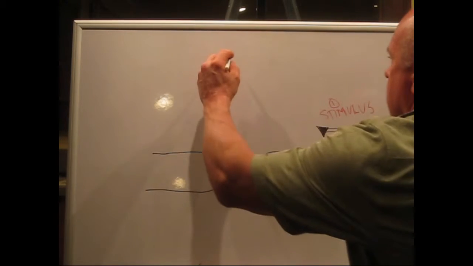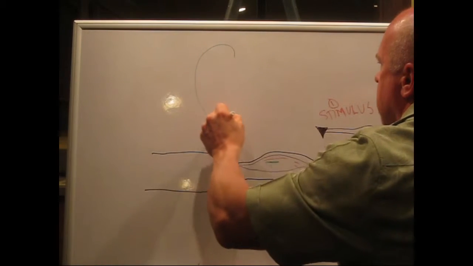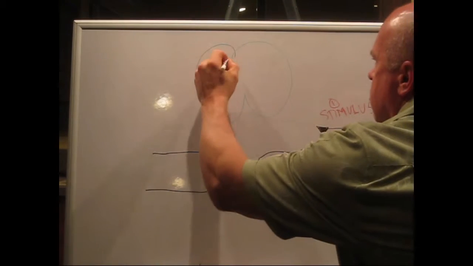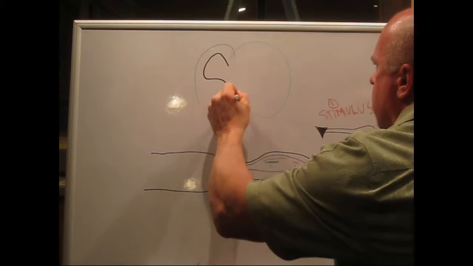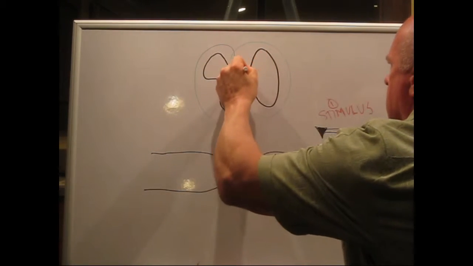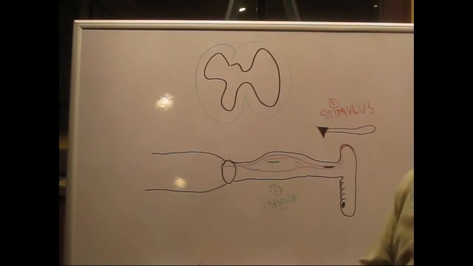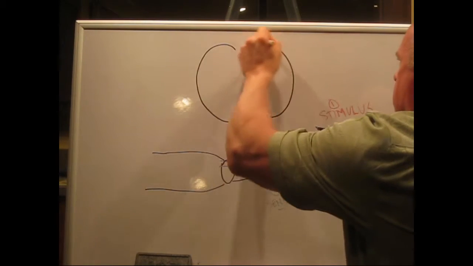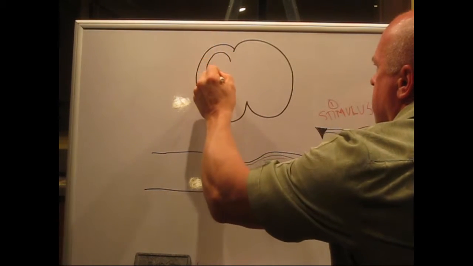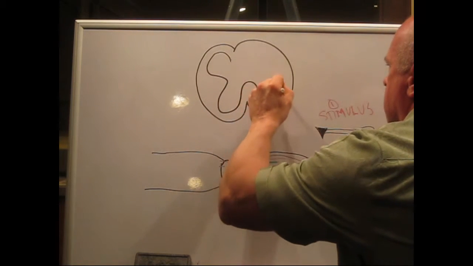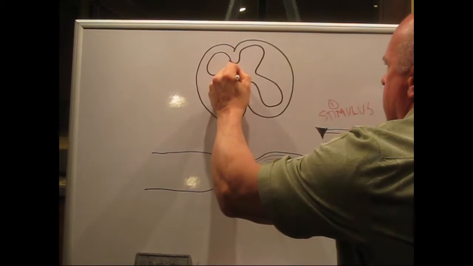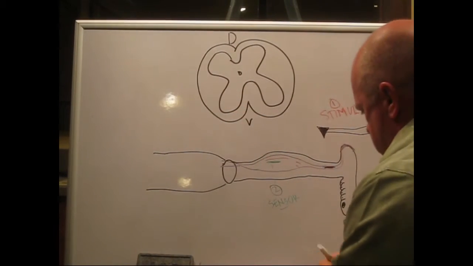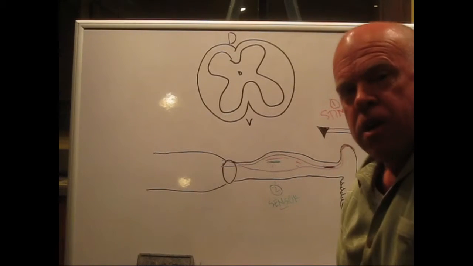Now it's interesting, muscle spindles, if we draw in the spinal cord here, and let's change colors so you can see a little better. If we draw in the spinal cord here. Central canal right here. This would be dorsal. This would be ventral. Okay, so let's draw in the innervation to the muscle spindle.